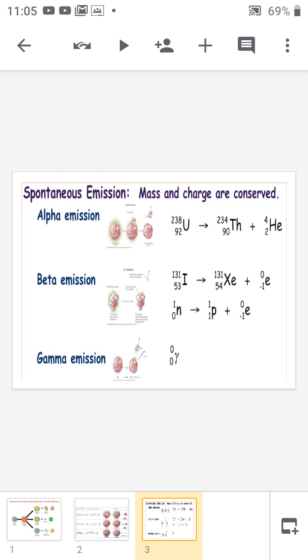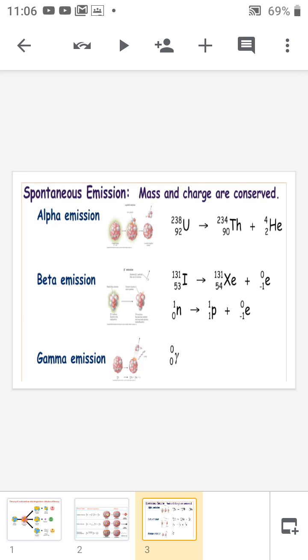Now we are moving on to some examples. First is the alpha emission. Consider the example uranium. Uranium is the parent nucleus, having atomic number 92 and mass number 238. For an alpha emission, as we already discussed, the daughter nucleus has an atomic number 2 less than that of the parent nucleus.